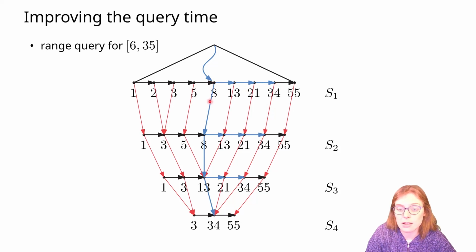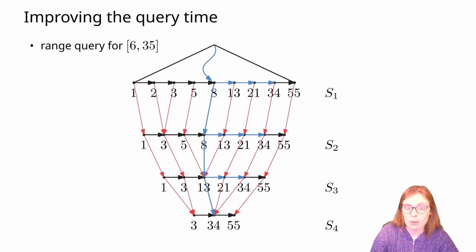In the next set, we again start with the smallest value that is greater than the left endpoint of our range and linearly report all the values that fall in the given range. In this way, we answer the range query for all m sets, and the query time takes only one binary search, and the rest is linear in the number of sets and in the number of values that need to be reported.